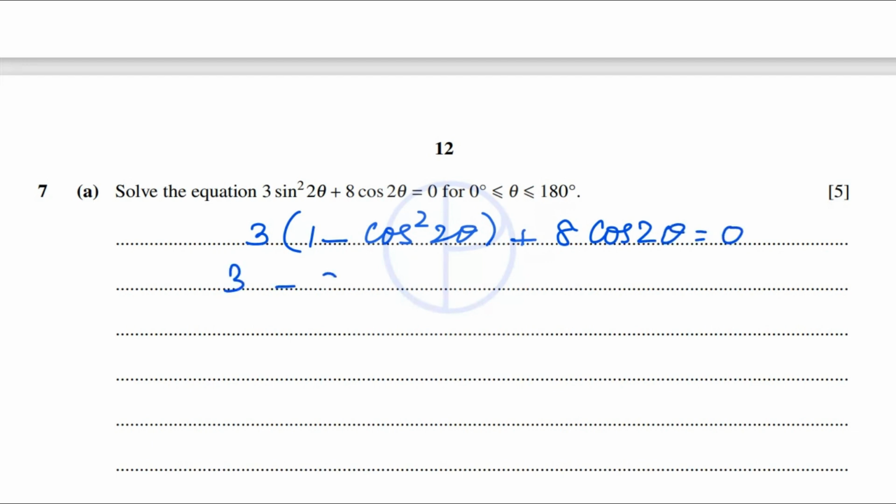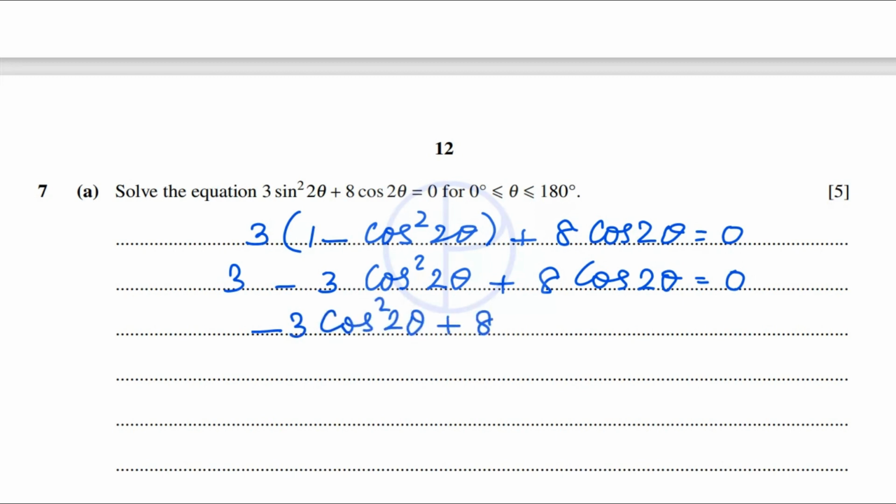So 3 minus 3 cos square 2 theta plus 8 cos 2 theta equal to 0. Rearrange this one. So negative 3 cos square 2 theta plus 8 cos 2 theta plus 3 is equal to 0.